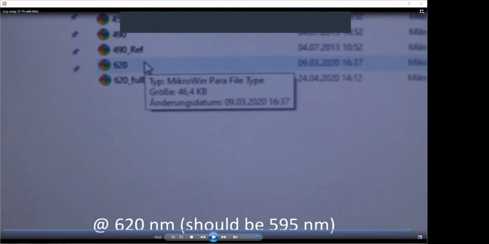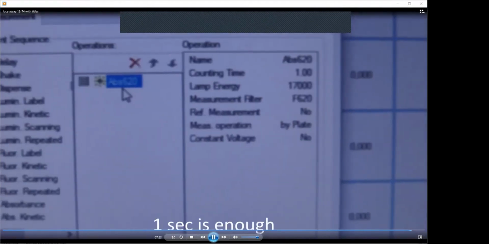Optimally, it should be 595, but the problem is that this particular instrument has only a few filters, and the closest filter to this wavelength was 620. So that's the reason why we decided to use this filter.